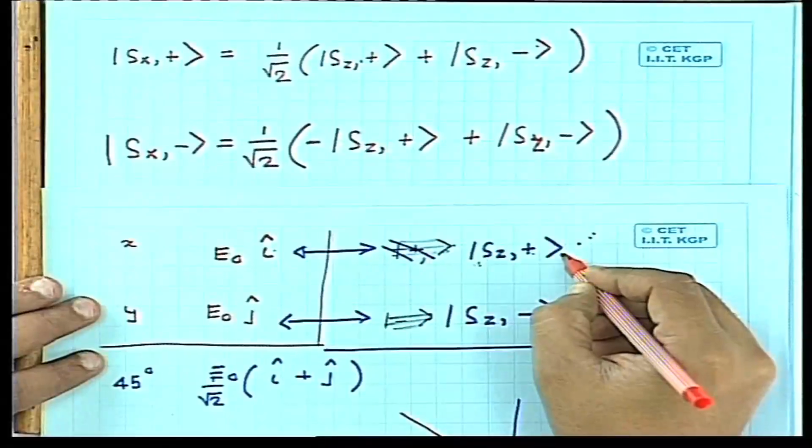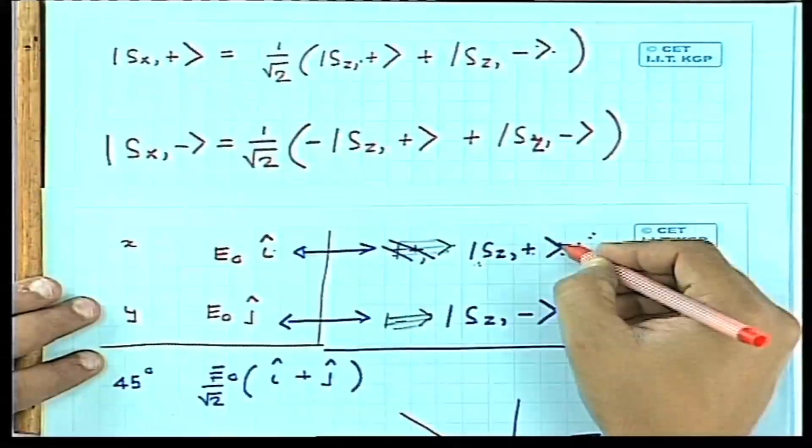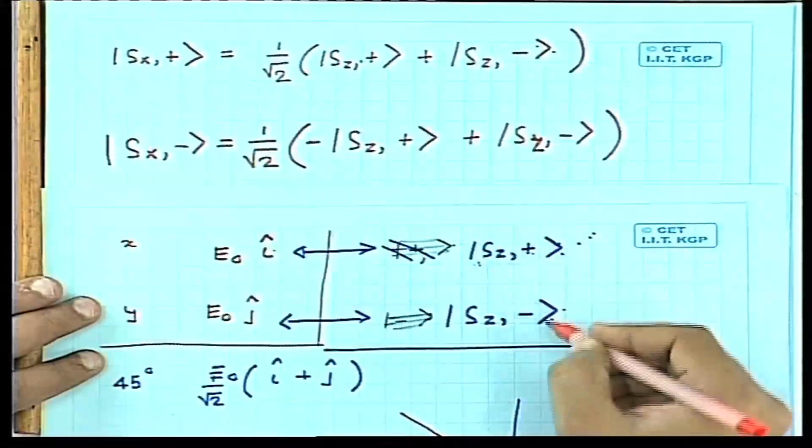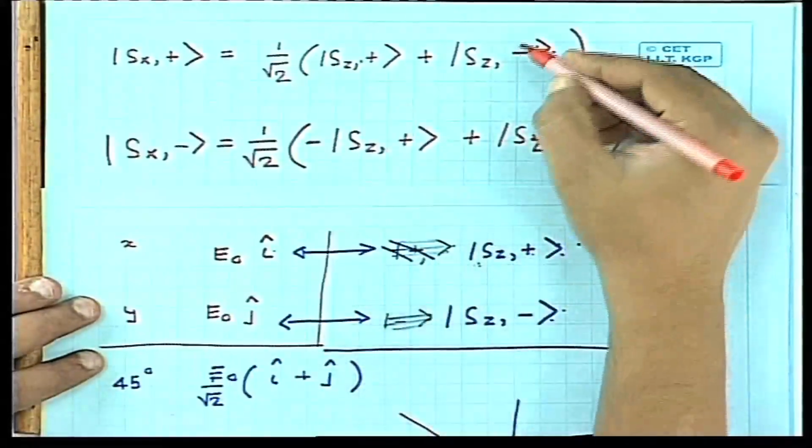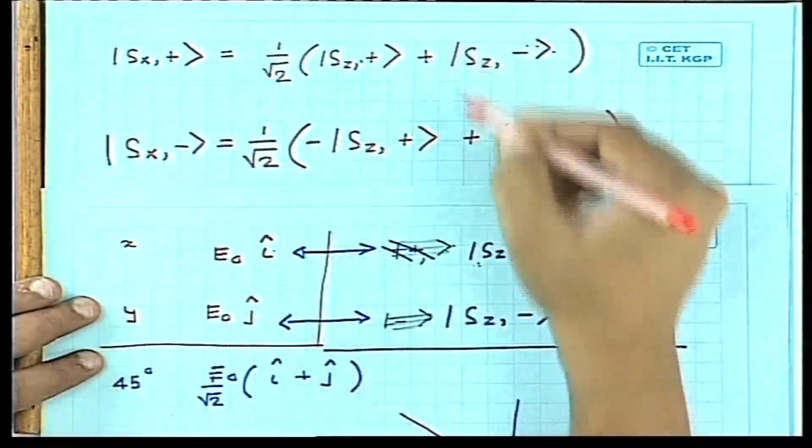If I make a measurement of the y component, the intensity will be exactly the same, because the components are exactly the same. The light is at 45 degrees. Similarly here, if I take this state, or if I take this state and make a measurement of these two, they will have equal amplitude. Similarly, if I take this and make a measurement of this or this, it will have equal amplitude.